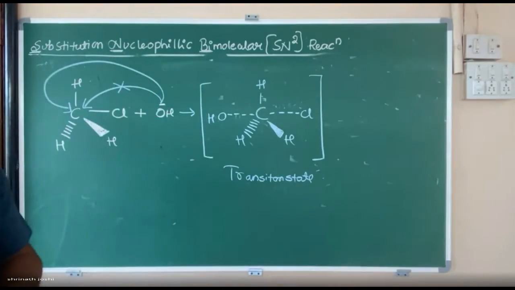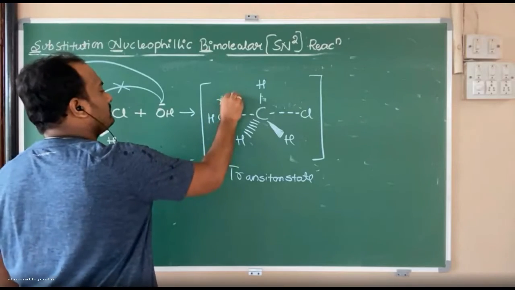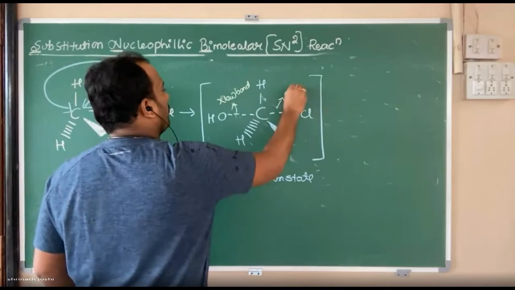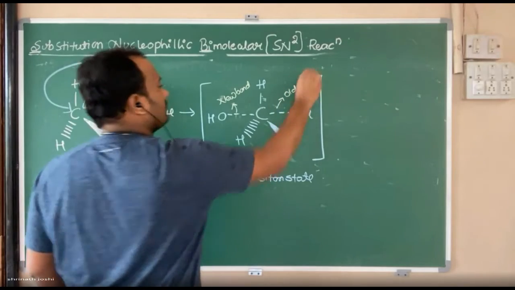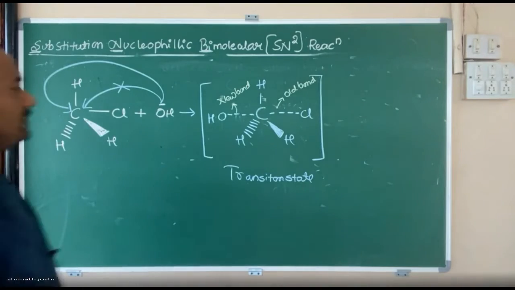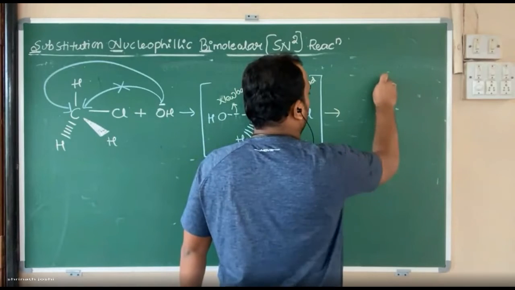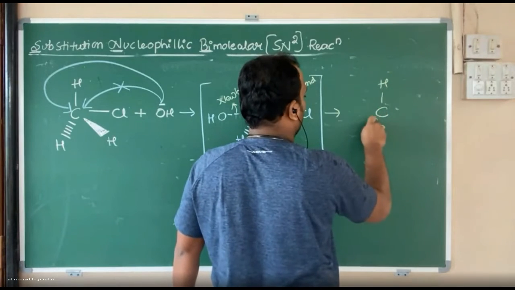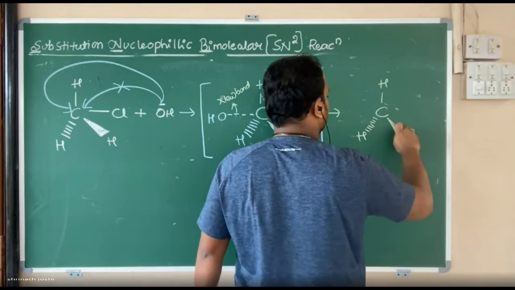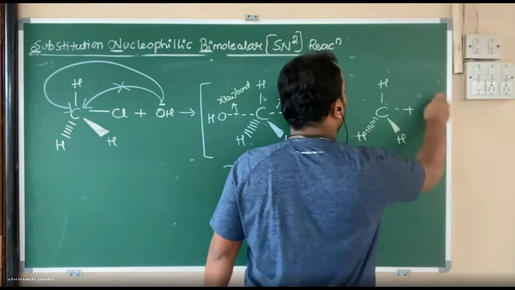Don't forget to mention new bond and old bond. Then ultimately that breaks out. The chloride atom will go as Cl minus.